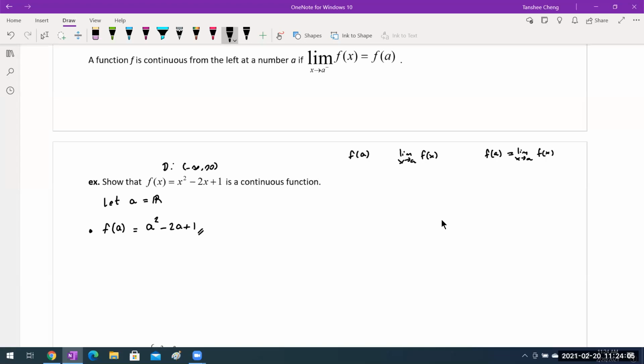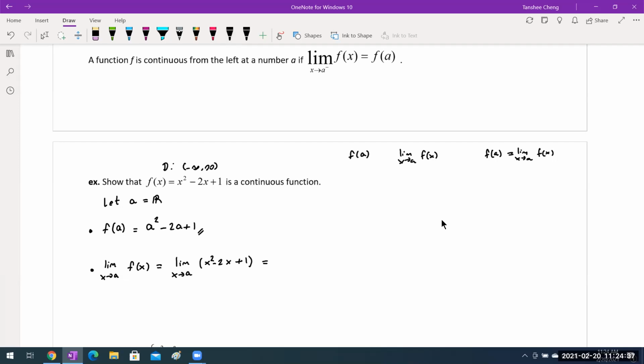The limit as x approaches a of f of x is the limit as x approaches a of the function x squared minus 2x plus 1. And this is a polynomial, so direct substitution is applicable.